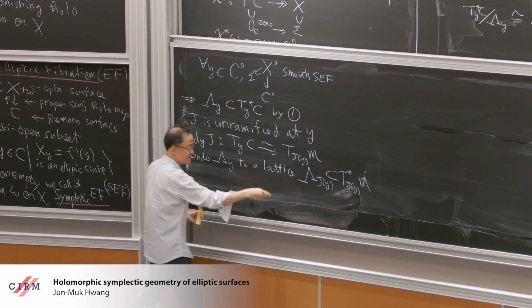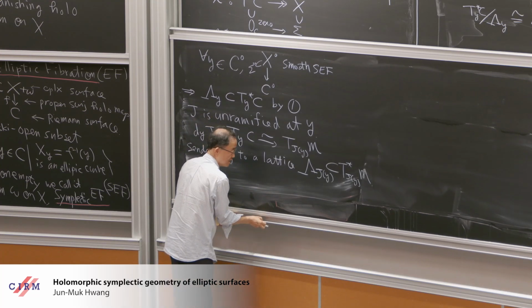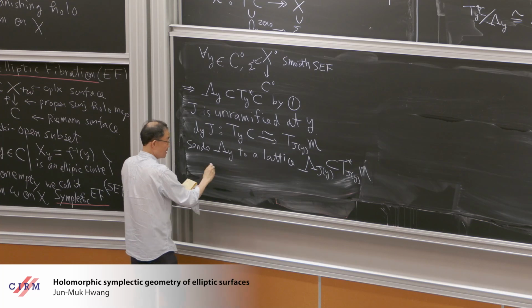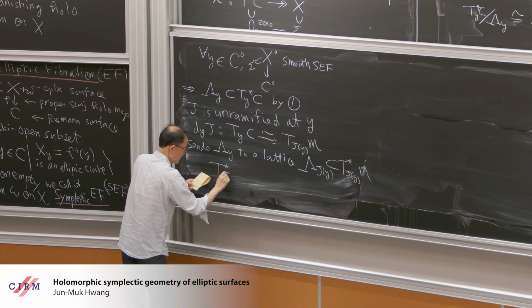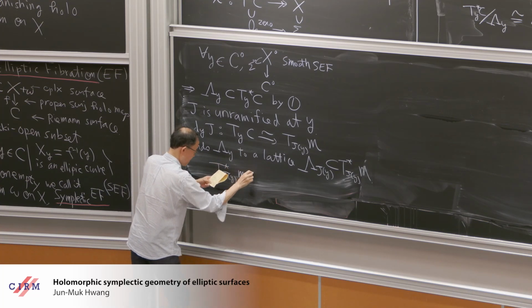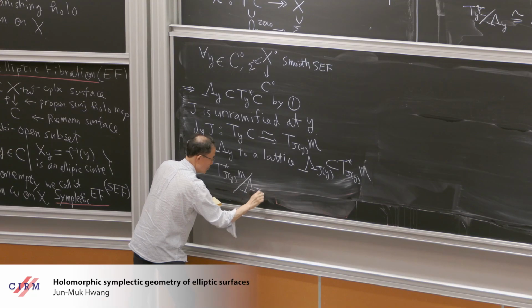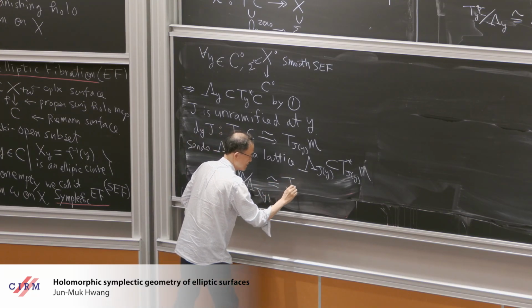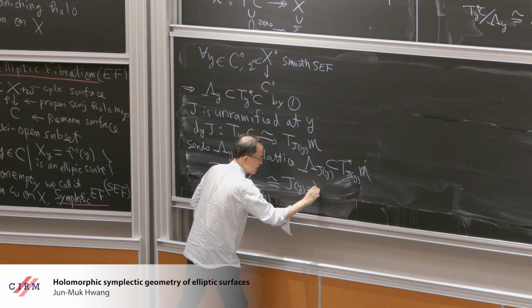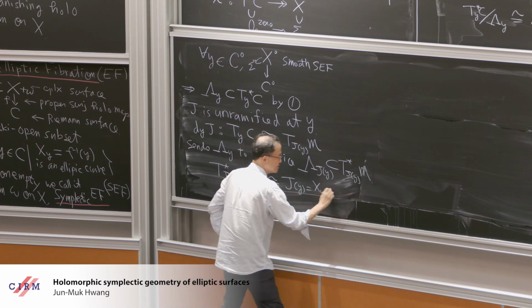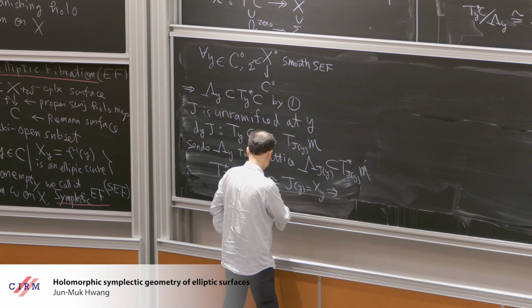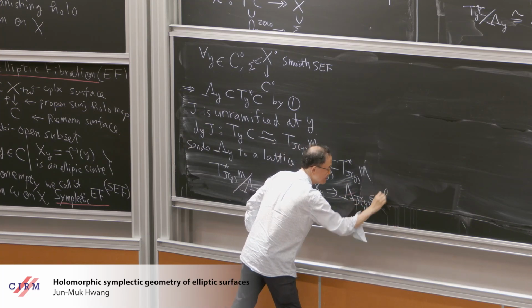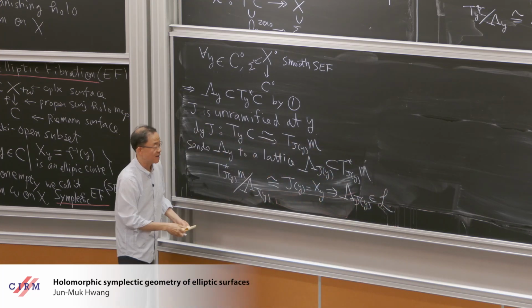And this is a tautological lattice, such that the quotient is J(y), namely X_y. So lambda_J(y) is inside the bundle of tautological lattices.